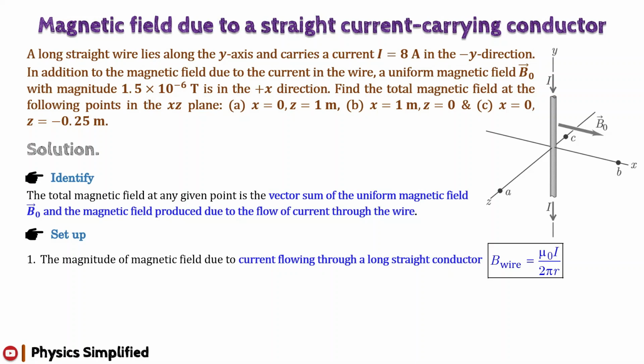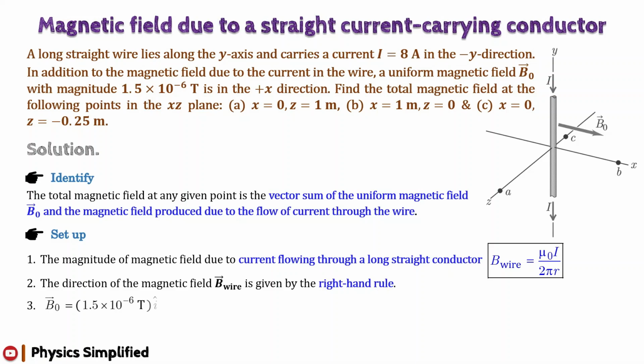The direction of the magnetic field produced by the flow of current through the long straight wire can be found by using the right-hand rule. Since the applied uniform magnetic field is in the positive x direction, we can write vector B0 is equal to 1.5 into 10 to the power minus 6 Tesla i hat.